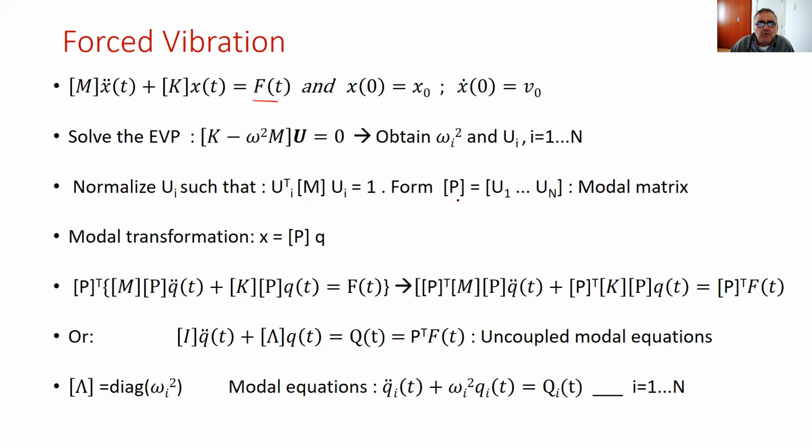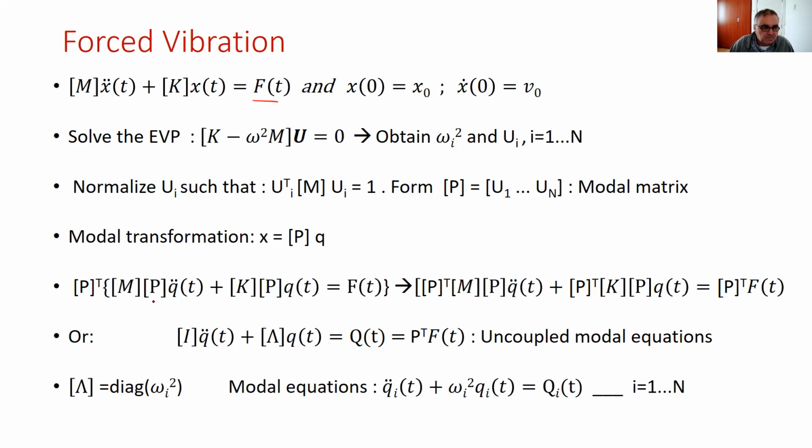And now we form the modal matrix, P. P is our modal matrix, in which we just stack the mode shapes of the system, and each of these are mass normalized, by the way. And then we do the modal transformation. Modal transformation is simply x equals Pq.